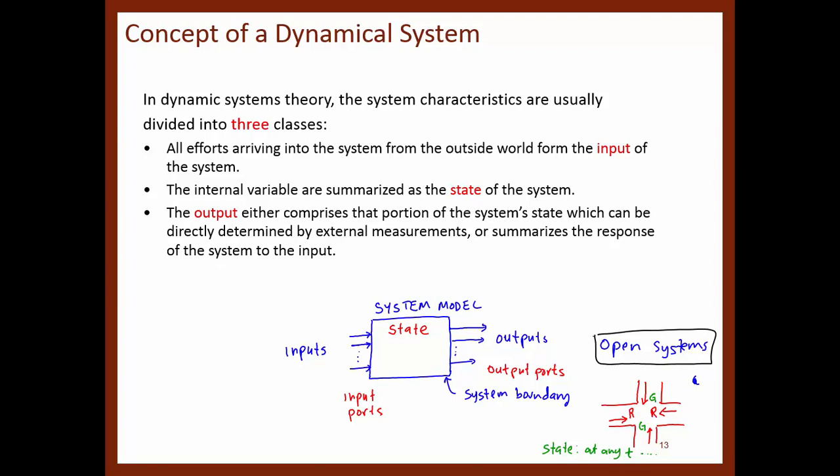So we are basically representing the behavior of a system by looking at what is coming in, how that is affecting my behavior, and then whether that is generating some type of output. This is a simple way of representing a system model. This is what we usually call a black box model, in which you have a box and you don't know what's going on inside. The only thing you know is there's some type of state.